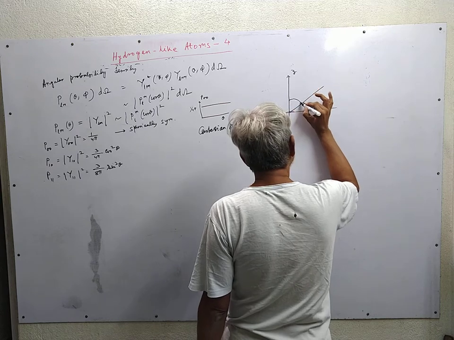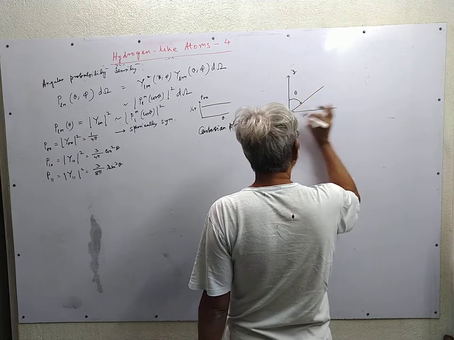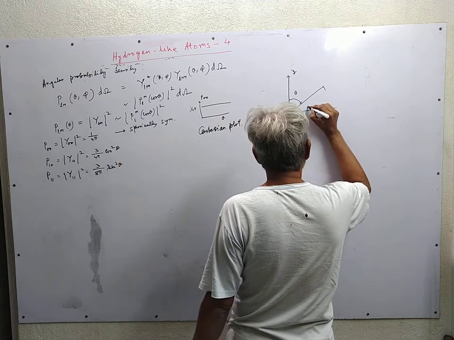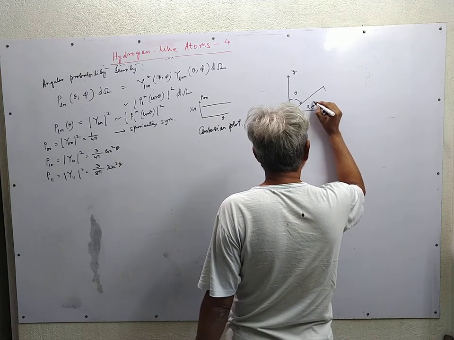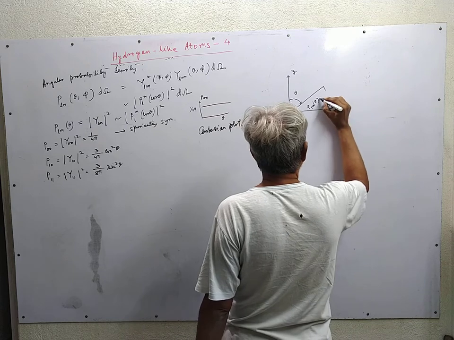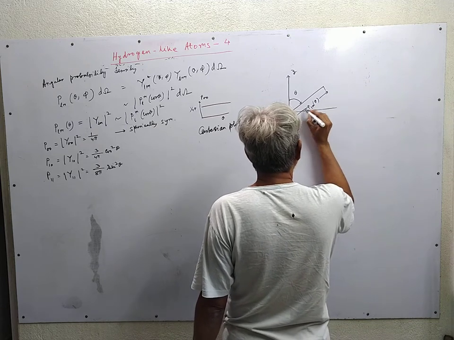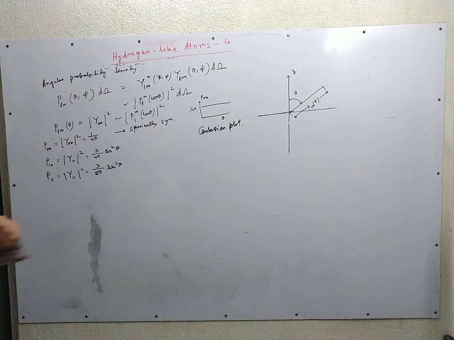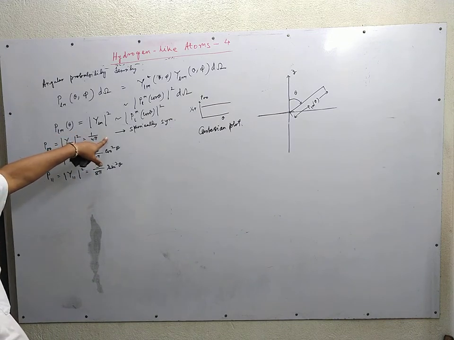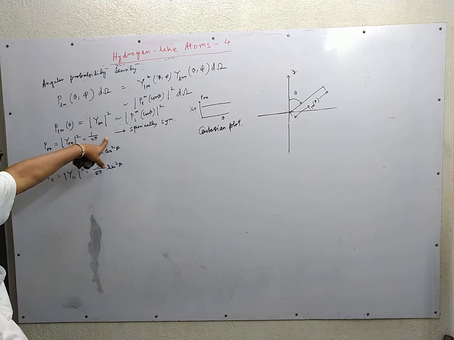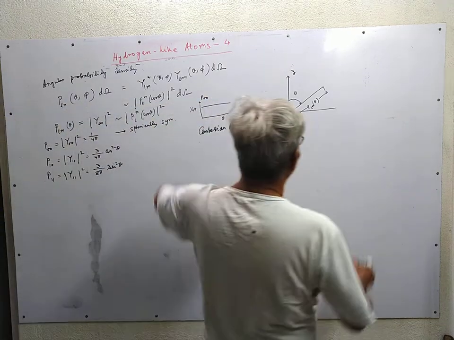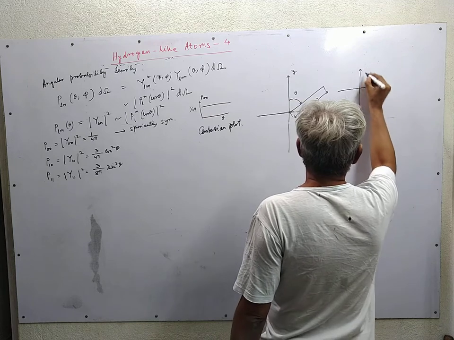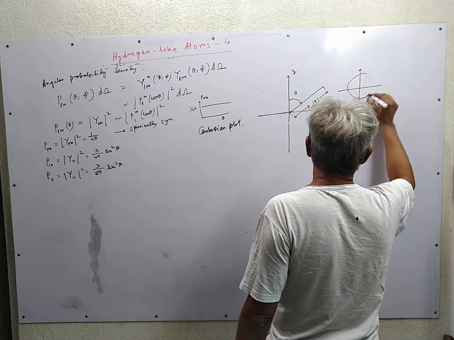This angle is theta, and this part is P_L^M(theta). This is the polar plot. If we plot this, we see that it is the same value for all angles of theta, so the corresponding polar plot is a sphere.